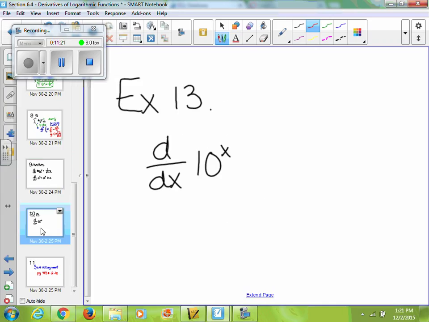Okay, so if I look then at example 13, find the derivative of 10 to the x. Using the idea that the derivative in regards to x of a to the x is equal to a to the x natural log of a.